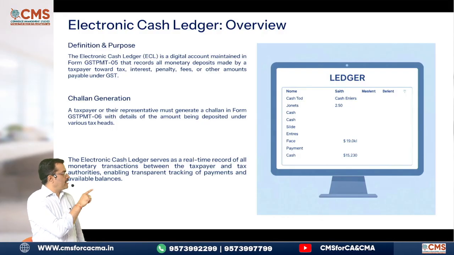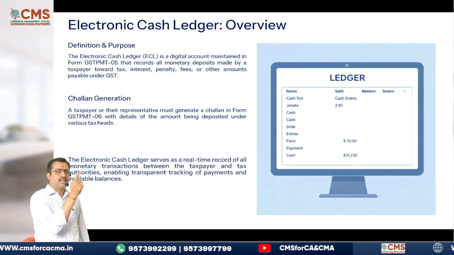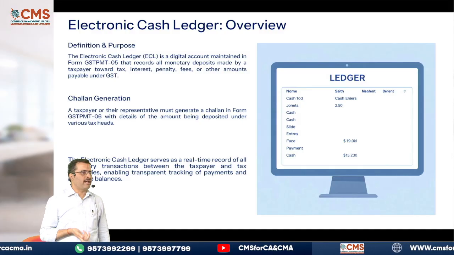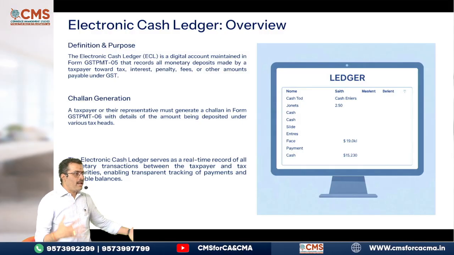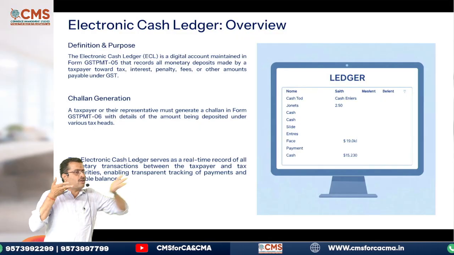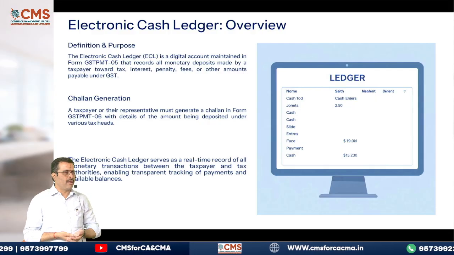Then, the challan generation. A taxpayer or the representative must generate the challan in GST PMT 06. Now sometimes, because of a technical issue, for example I am paying the tax, suddenly power went. Now my payment is hanging in between. That means it did not go to the government, it is not even in my account. Now what will happen? It is a matter of concern for me. What will I do?